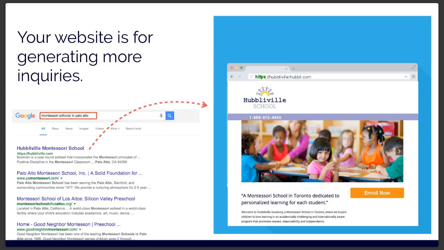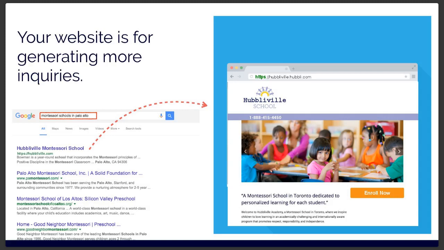Because what I'll tell you is, we do this research for a lot of our clients. What we find in general is that for most schools, search engine marketing is actually irrelevant. Meaning doing search engine optimization.